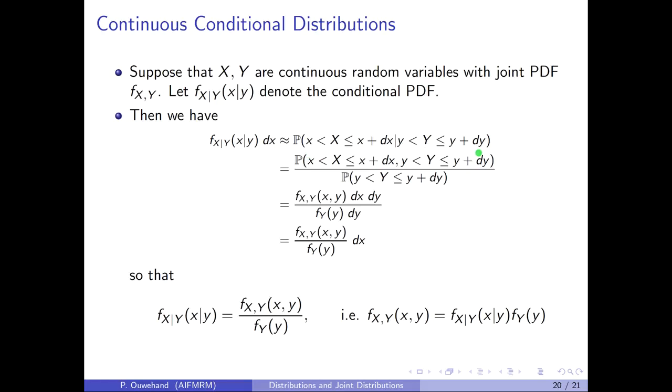By definition of conditional probability, that can be expressed as this ratio, and the numerator is approximated by the joint density times dx times dy, whereas the denominator is approximated by the marginal density of y times dy. The dy's cancel out, and that leaves us with this. In that case, we can cancel the dx's as well, and so we define the conditional density of x given y in the same way that we defined the conditional mass function on the previous slide, namely the joint density divided by the marginal density.